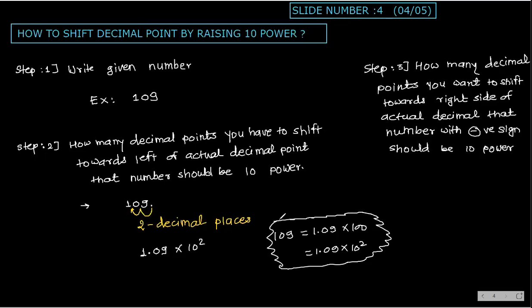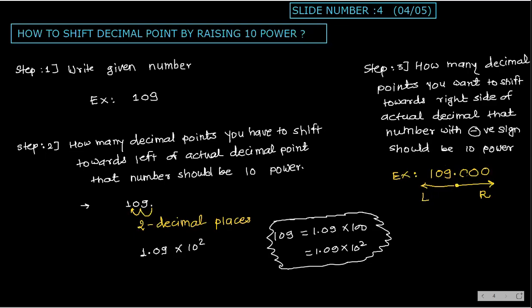For example, I am taking the same example again. I have the number 109 and this is the decimal point. I want to shift this decimal point somewhere here because these are the zeros now. This is left, this is right side.